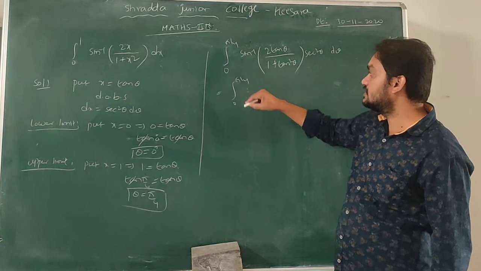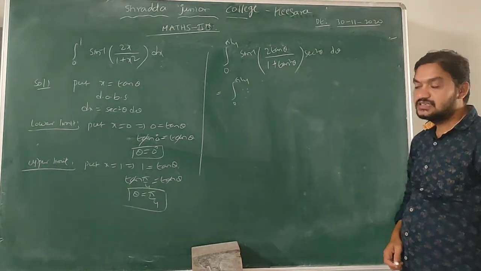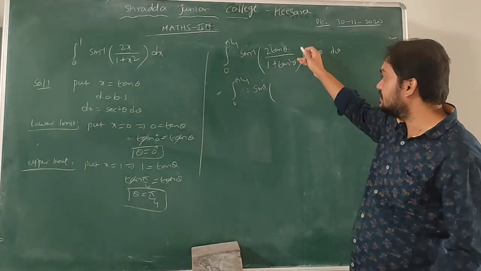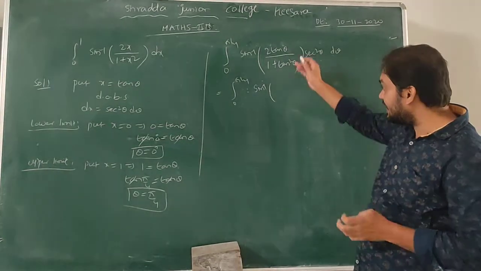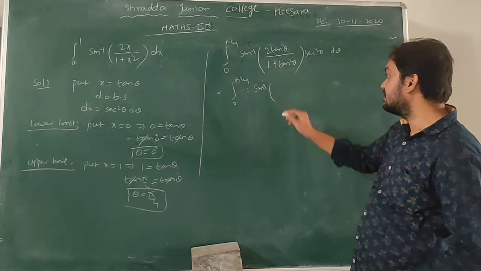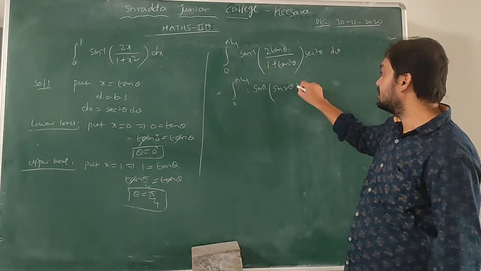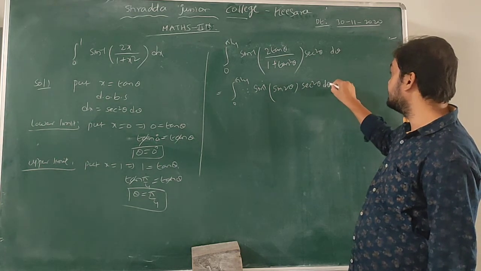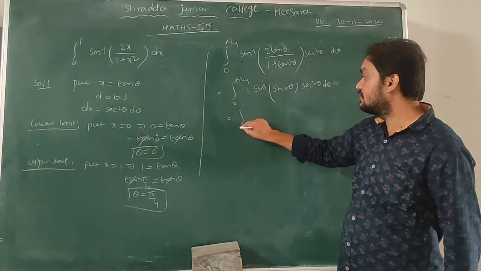Now this equals integration 0 to pi by 4 sine inverse of, this is which form? 2 tan theta by 1 plus tan square theta. What is the formula? That is sine 2 theta, into secant square theta d theta.